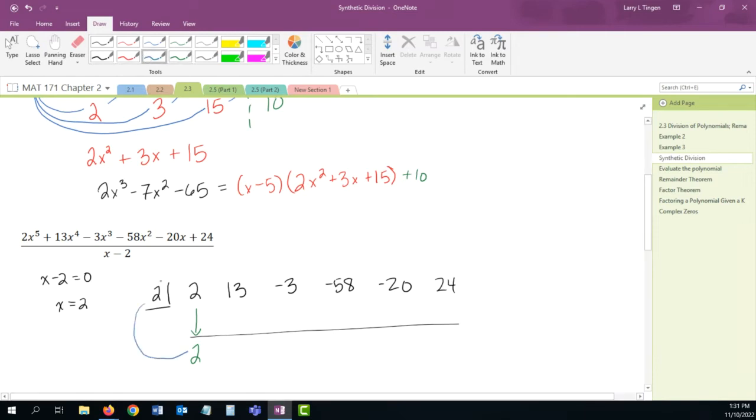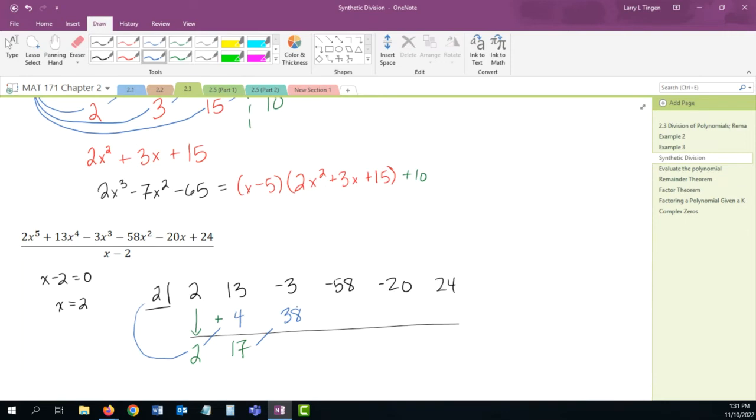We take whatever's in the box here, multiply it. 2 times 2 is 4. And then we add 13 plus 4, 17. 17 times 2, 34, which is obviously why I wrote 38.